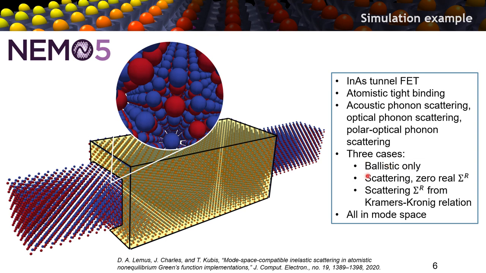The next with scattering, but without the real part of sigma r, and then with the real part of sigma r calculated using the Kramers-Kronig relations. And this is all solved in mode space using our software Nemo 5.